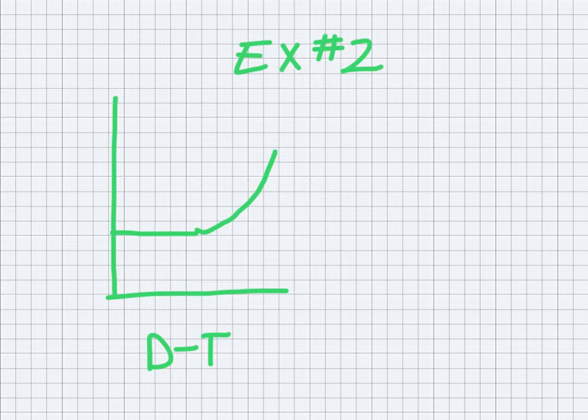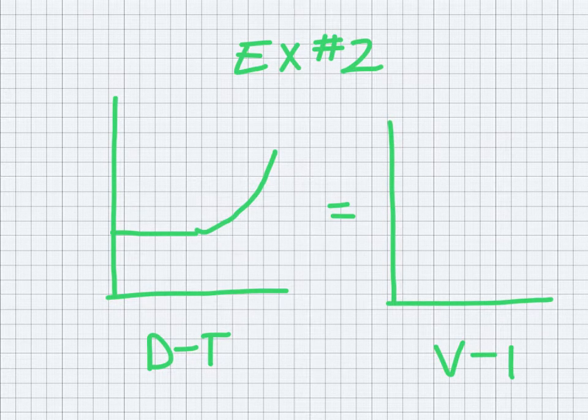Well, what is that going to be on a velocity time graph? Let's check it out here. VT. Now the first part represents 0 velocity. So I need over here a 0 line.